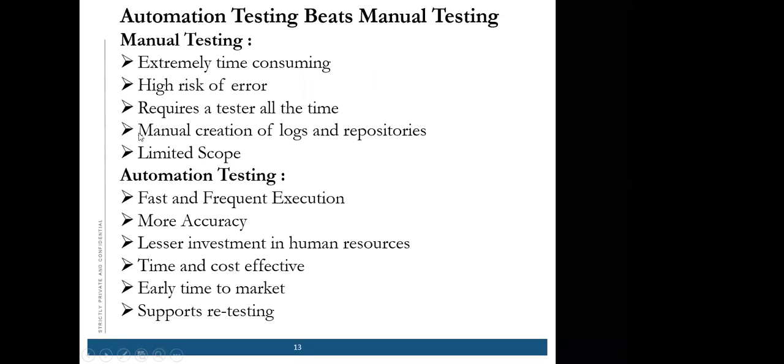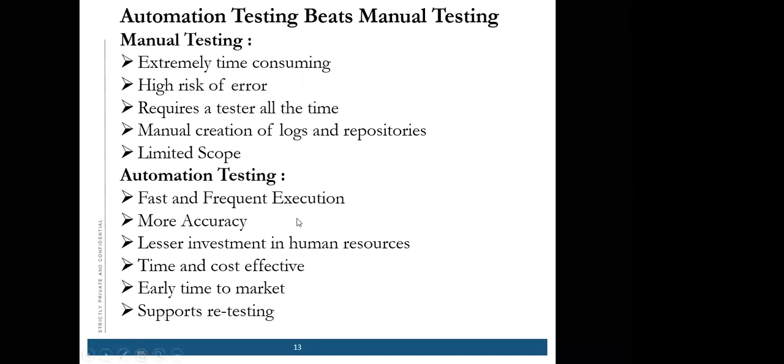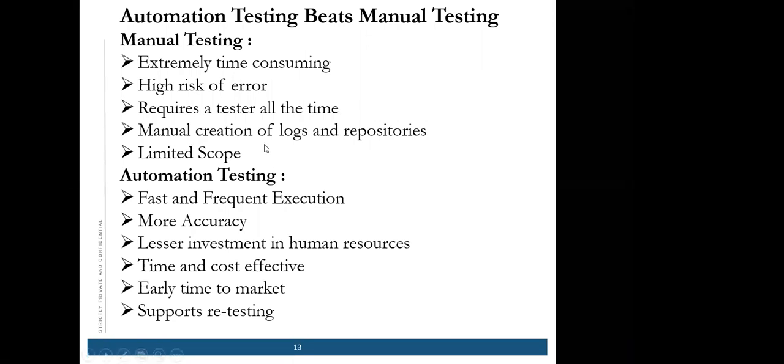manually. So here comes automation testing. Testing is very fast, with frequent execution. Once you have written all your test cases, it's very fast to execute them. Why? Because once you start your test cases, you don't need to sit there physically.